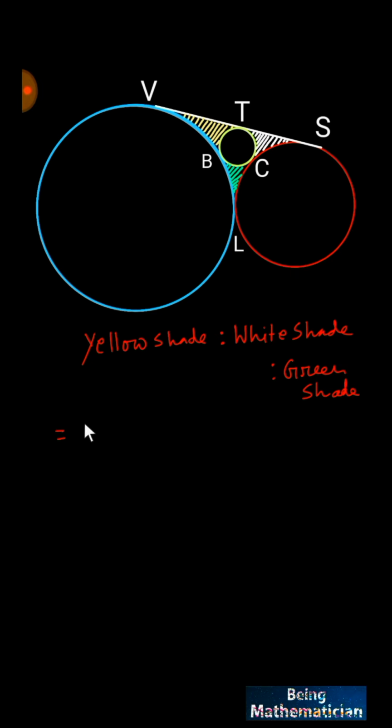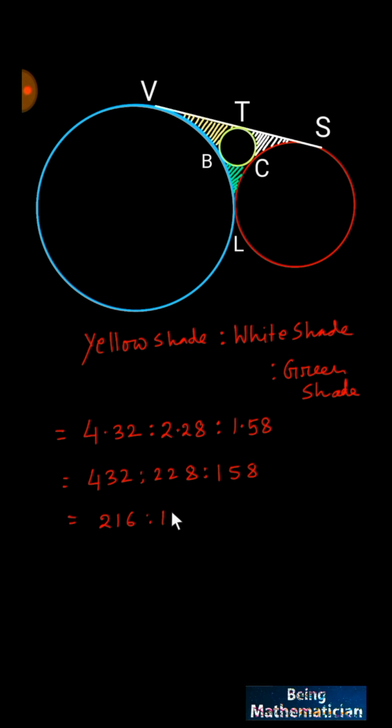Now we got the area of yellow shade is approximately 4.32 centimeter square, and the area of white shade we got 2.28 approximately, and green shade is 1.58 centimeter square approximately. Now cancel out these decimals, we get 432 is to 228 is to 158. Now simplifying this ratio, we get 216 is to 114 is to 79. Now it is our answer of this 24 hours challenge.